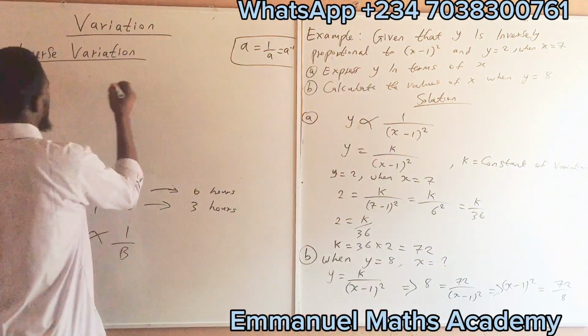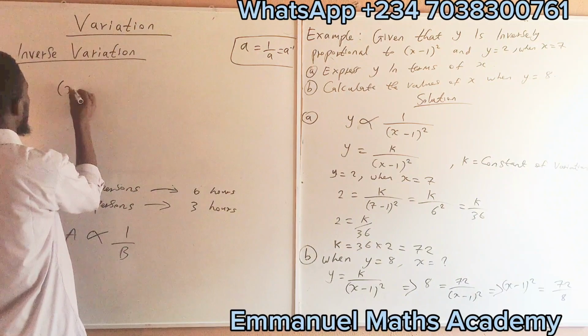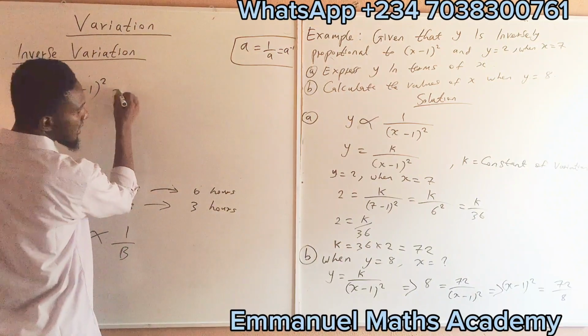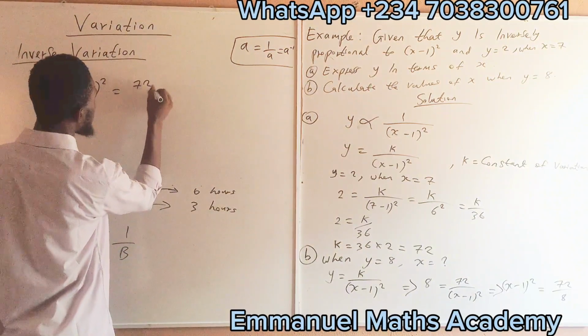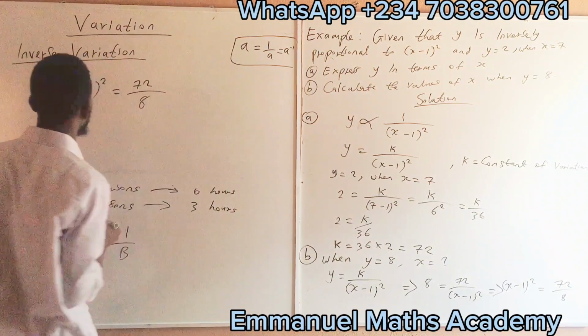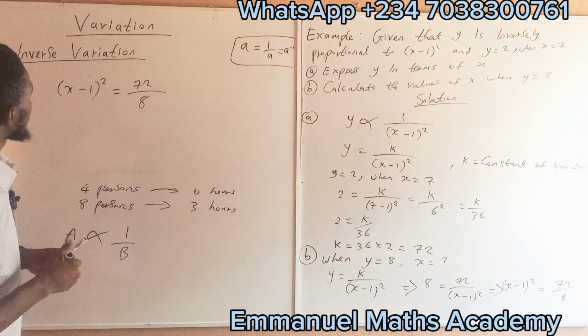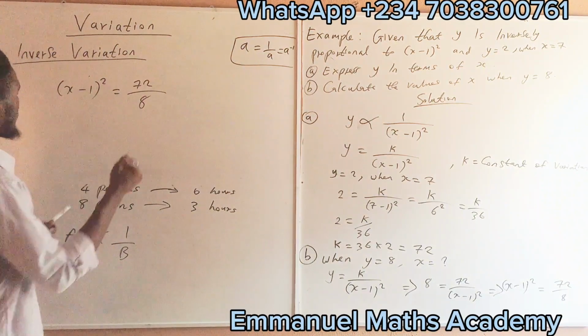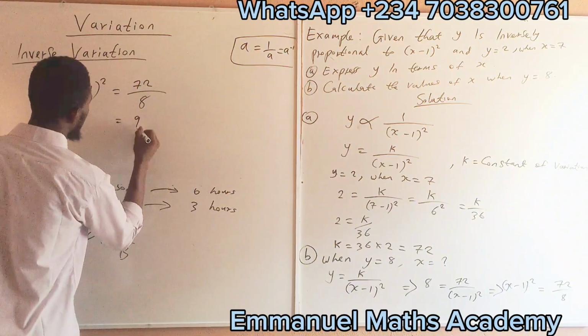Let me write this out. We have that x minus 1 squared equal to 72 over 8, right? Now 72 divided by 8 will give you what? 9. We have 9.